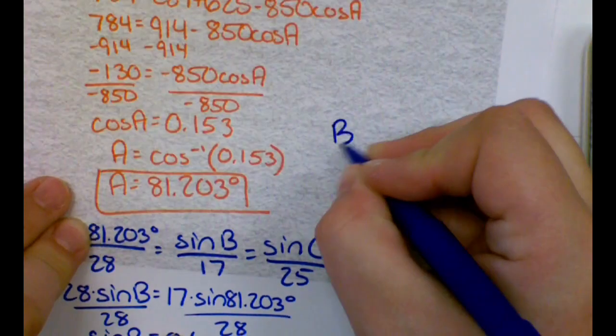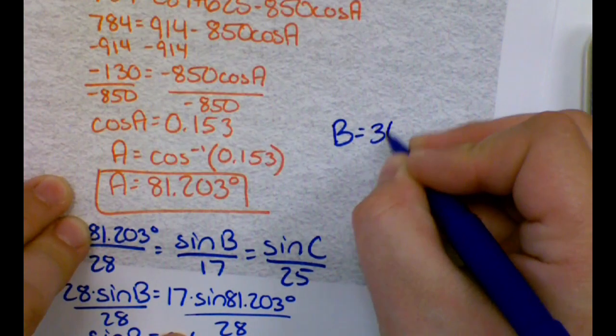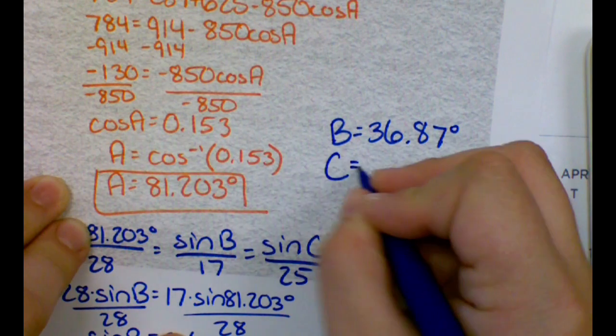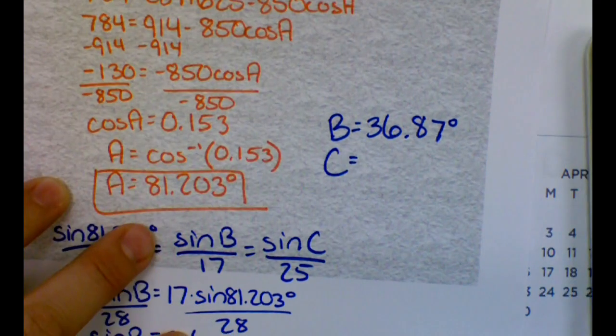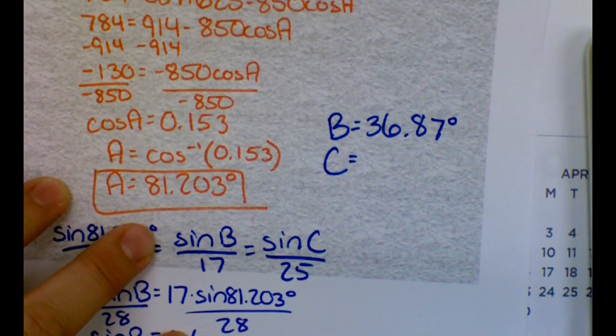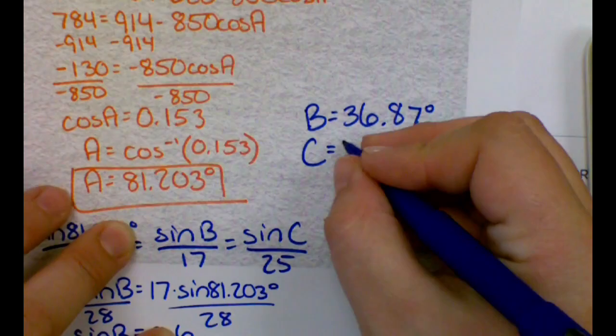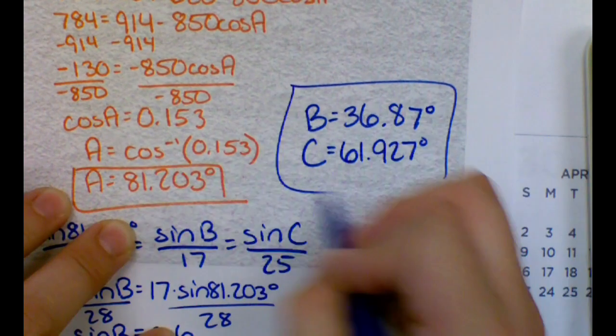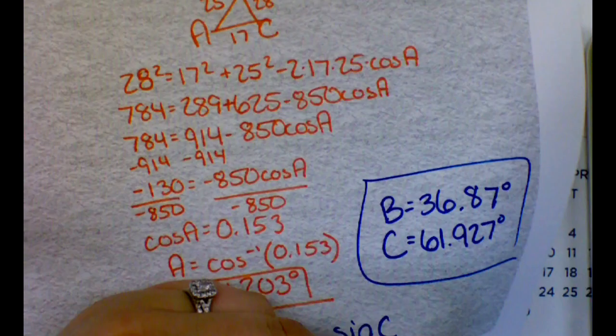So I'll put my answer over here. Angle B is about 36.87 degrees. Then I get angle C by just subtracting from 180. .927 degrees. And there we go. You will now practice a little bit on your worksheet.